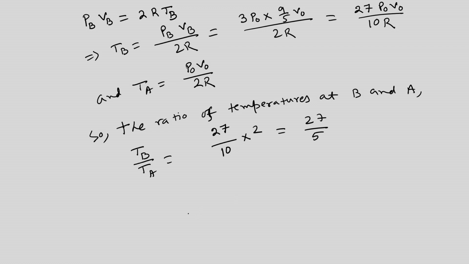Okay, so this is the ratio TB is to TA is 27 is to 5.